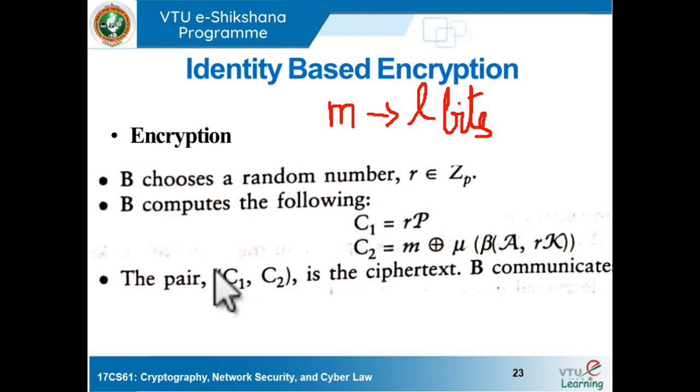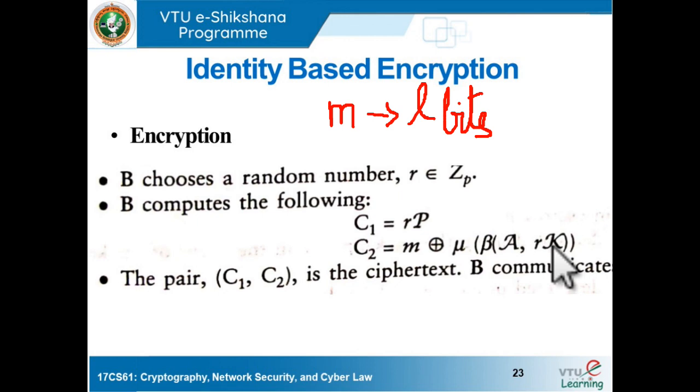Now, he will compute the actual ciphertext C2 over the message M, which is XORed with the second hash and the bilinear mapping of A, which is Alice's public key, and R of RK. R is the random number that is chosen by Bob.